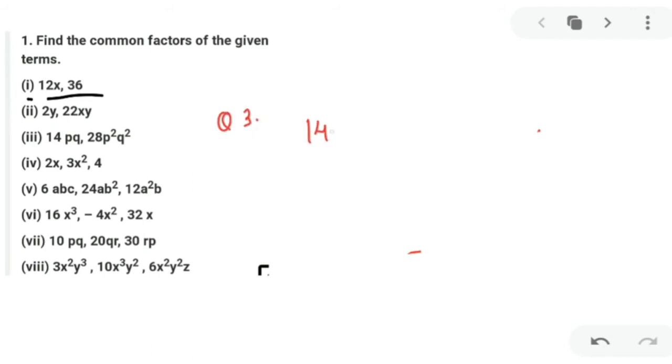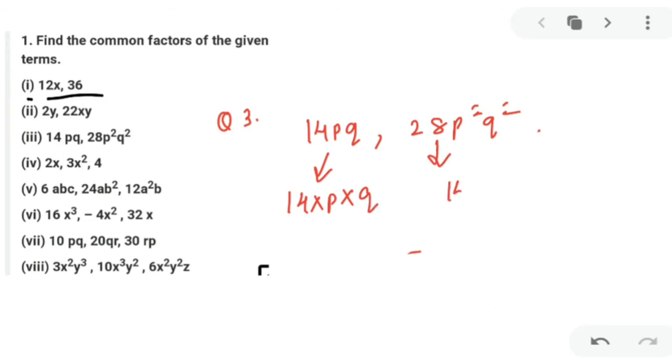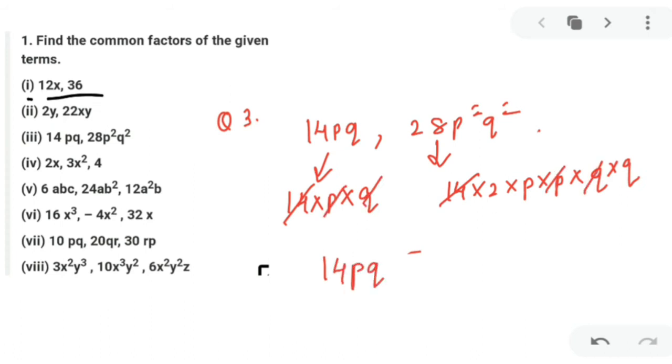It has 14pq and 28p square q square. 14pq, if I just write 14 into p into q, and for 28 if I write 14 into 2 into p for 2 times and q for 2 times. What is common here is 14 and 1p and 1q. So what is the common factor? That is 14pq.